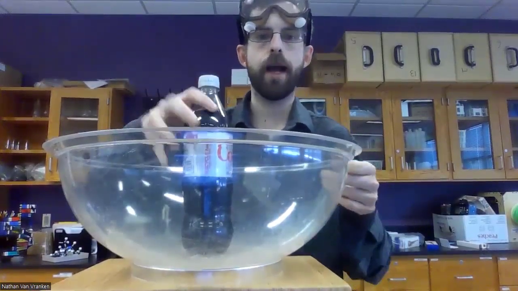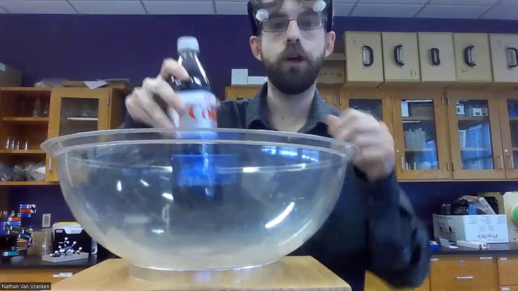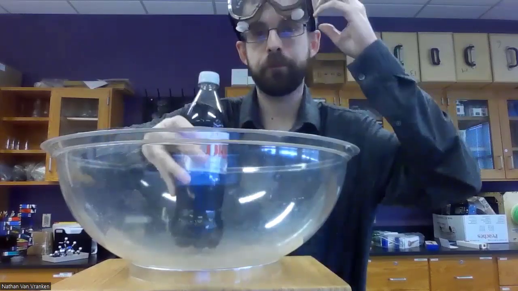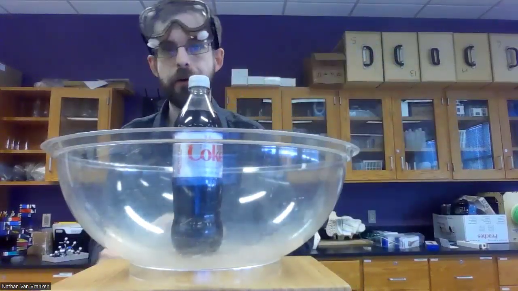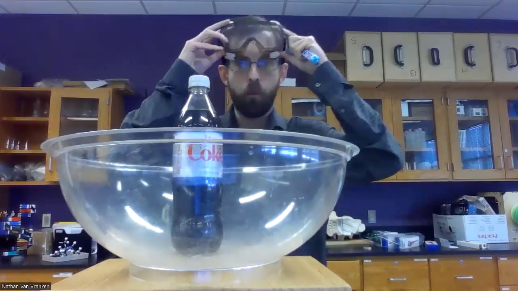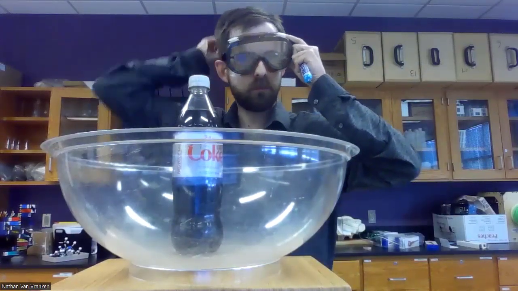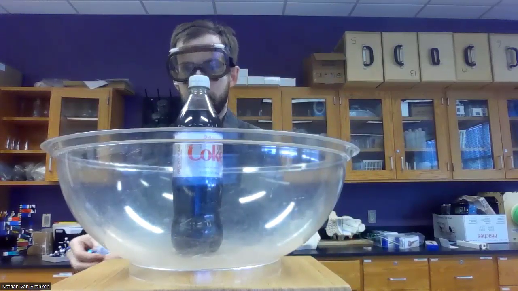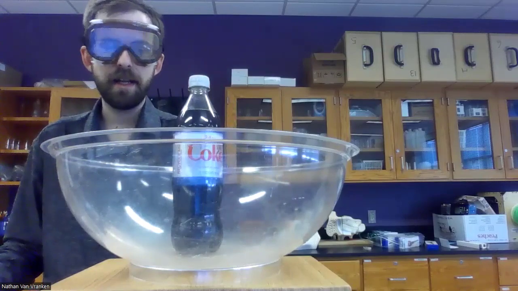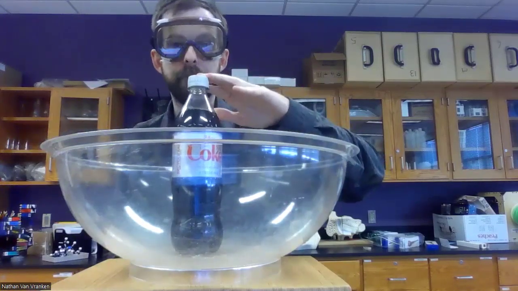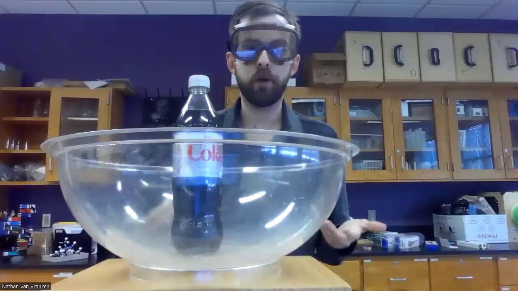So for this chemical reaction, we are going to use everyday products such as this Diet Coke, and then we're going to put some Mentos in it. Now, what's going to happen is that these Mentos have an active ingredient that when it combines with the acidity and the carbonation found in the soda, it will cause a chain reaction.